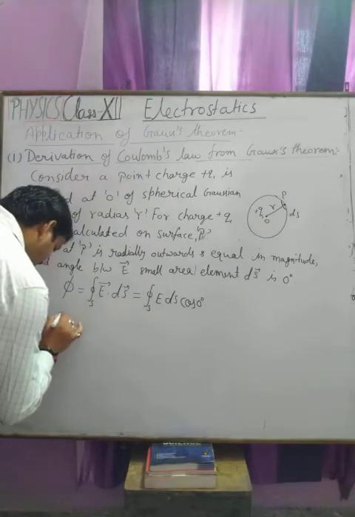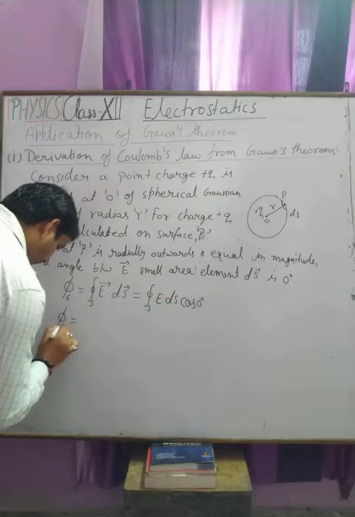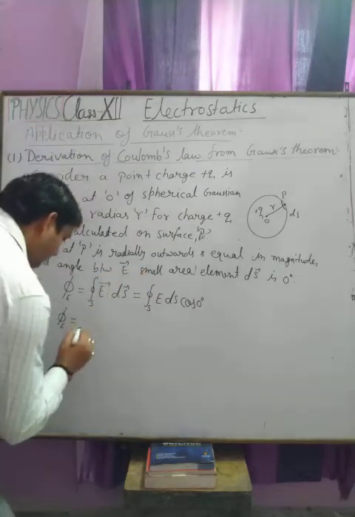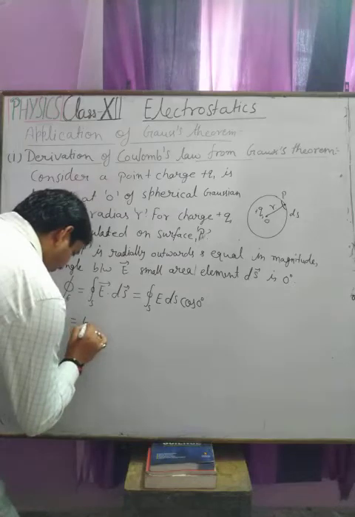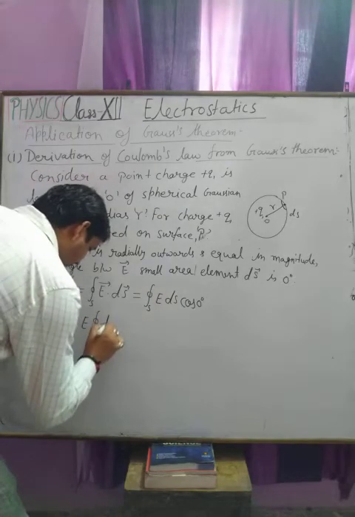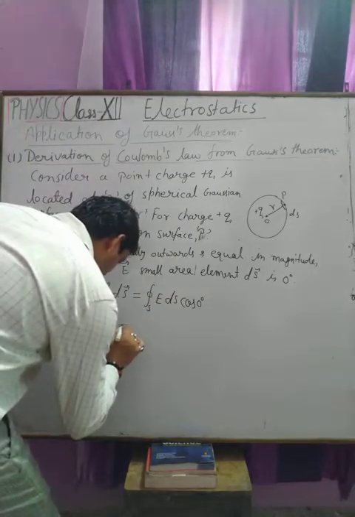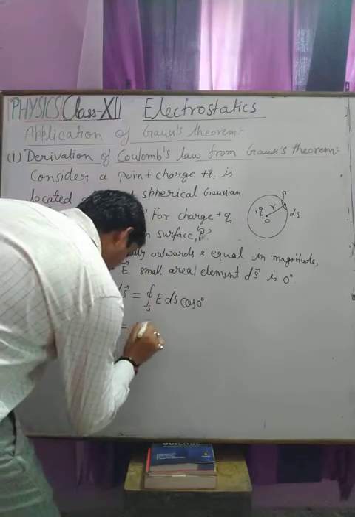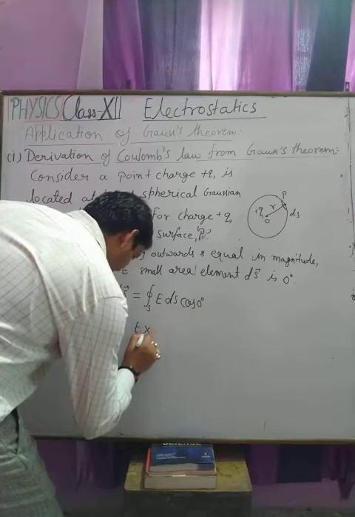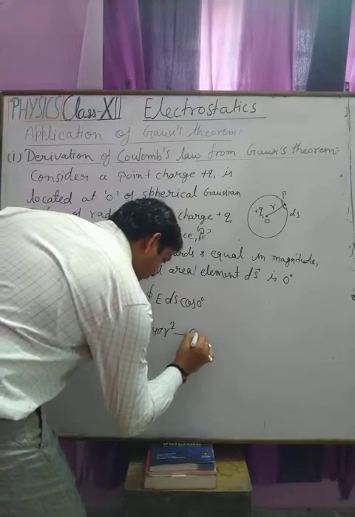Therefore φE is equal to E, a constant, times the closed integral of dS, and this value is 4πr². Therefore E into 4πr², equation first.